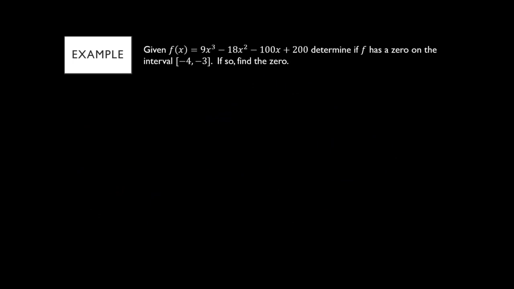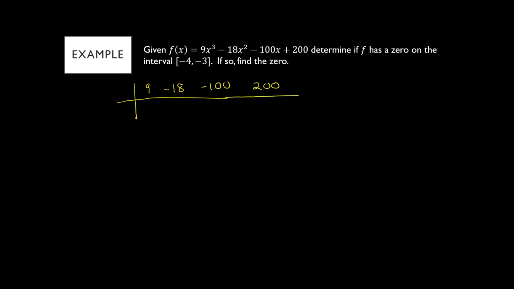So to figure out if there's a 0, of course, we're going to use the intermediate value theorem. We're going to use synthetic division. So I'm going to set up my table, and I've got 9, -18, -100, and then 200 as my coefficients.